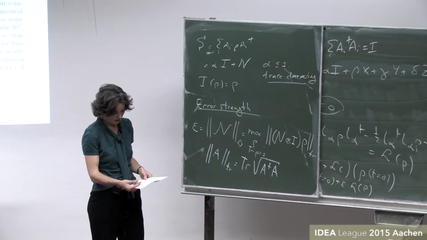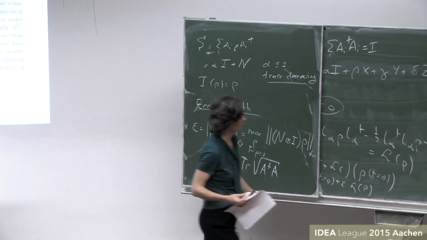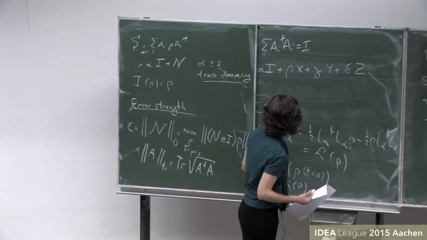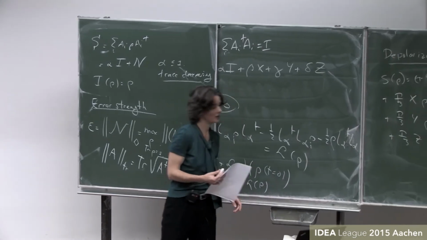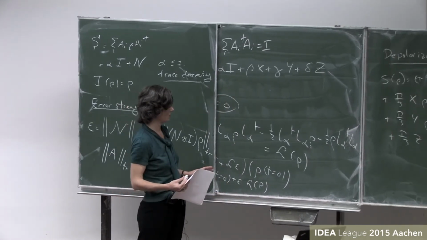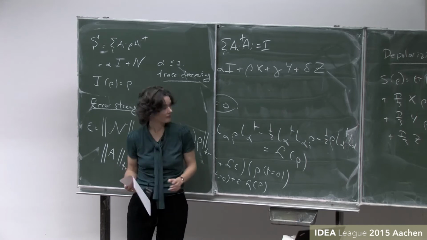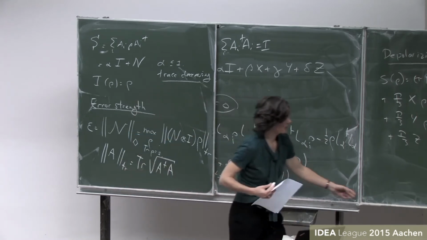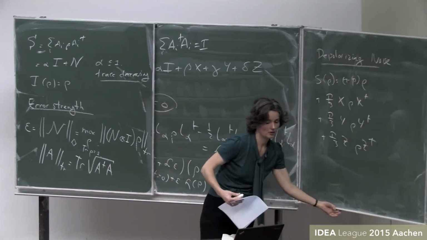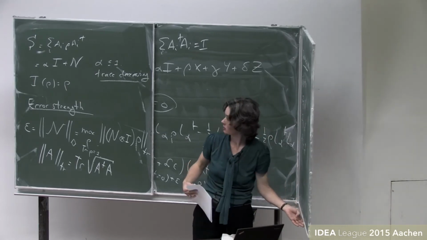Okay, now I want to say one more thing about noise. If we have some Lindblad equation, we can imagine that we may work ourselves towards some super operator description.